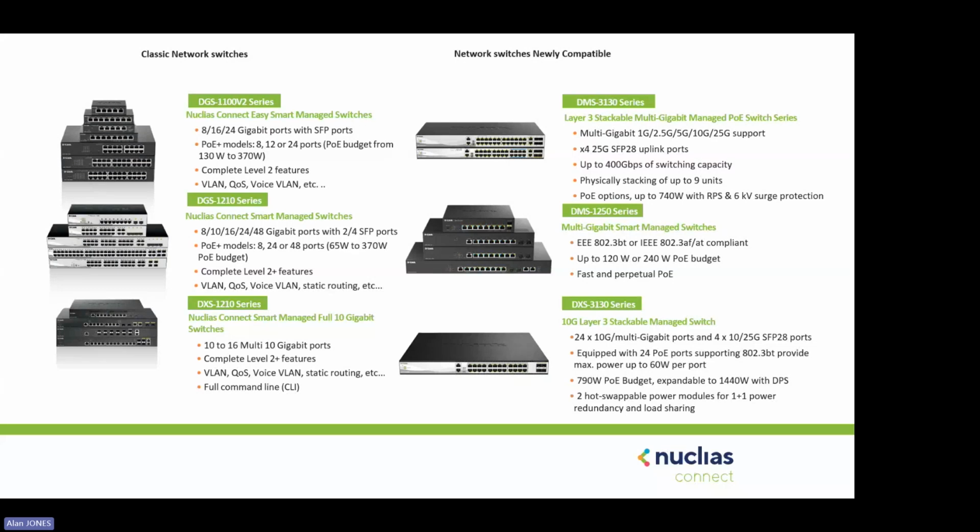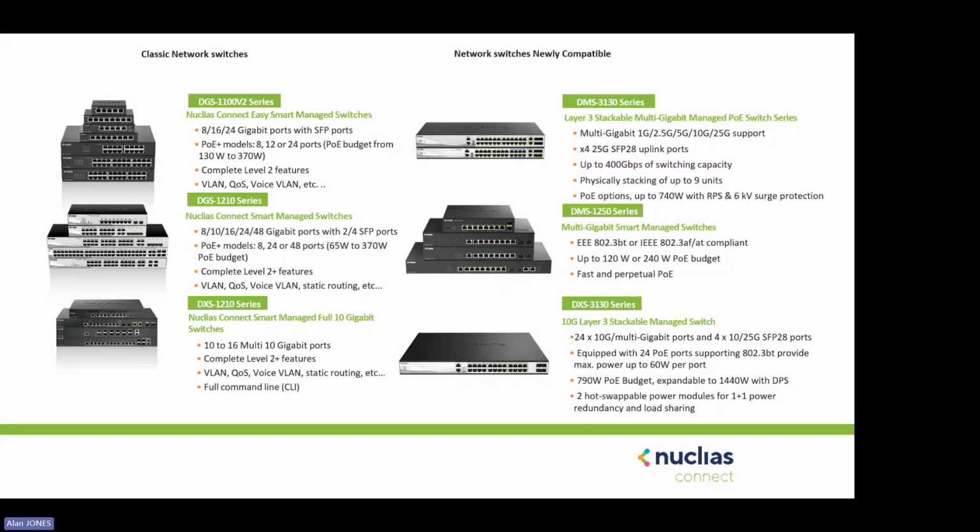But as we move up the list, the first two series, the DGS 1100 and 1210s, are gigabit. Then we move on to the multi-gigabit DMSs, the 3130s and the 1250s.